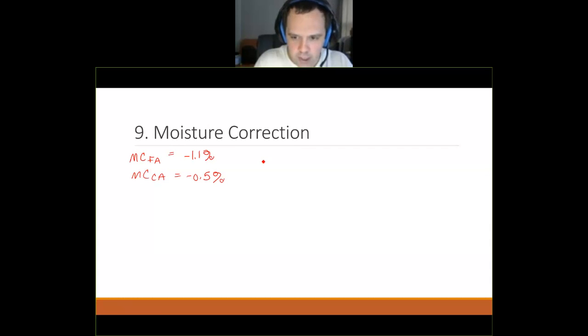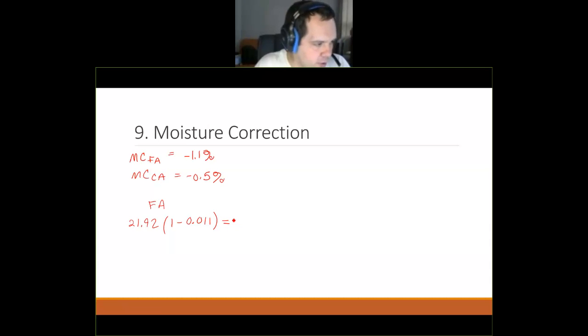All right, so to correct for that, I'm going to simply take the weight that I calculated previously. So if I'm going to do my fine aggregate first, I'm going to start with the weight that I just calculated, 21.92 pounds per cubic foot. Okay, and then I'm going to do 1 plus the moisture content, which in this case is going to be negative, so it's going to be minus 0.011, and that's going to be the corrected fine aggregate quantity.